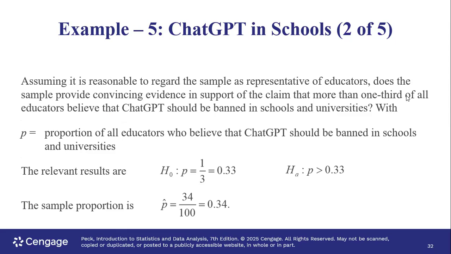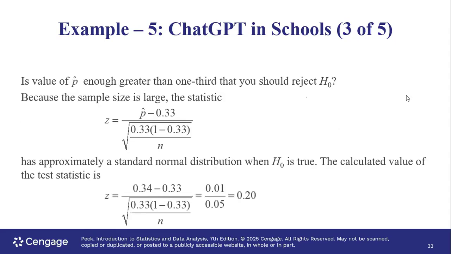Right tail test. That is, the test statistic will fall in the right tail of the standard normal curve. And our test statistic came out as 0.2. So what we need to find out is the area to the right of the test statistic under the standard normal curve. That is the probability of obtaining a test statistic at least as extreme as 0.2.